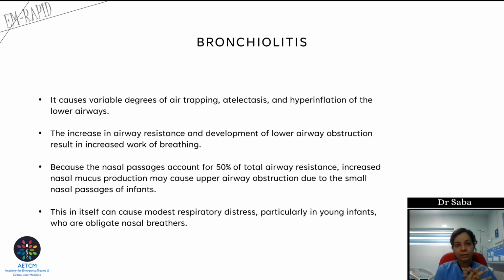Then it causes other issues also, like various degrees of air trapping because of bronchospasm, and also because of the resultant edema and increased mucus production. There can be atelectasis, that is nothing but the collapse of the alveoli, and hyperinflation of the lower airways, again secondary to your bronchospasm, just like how we see it in asthma also.